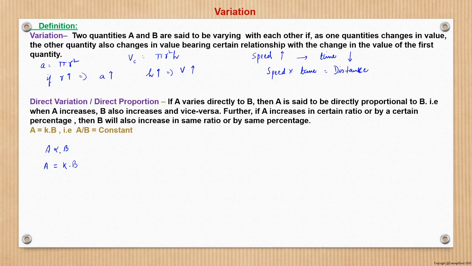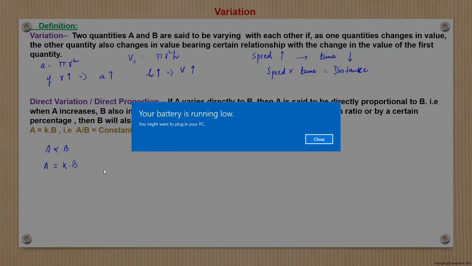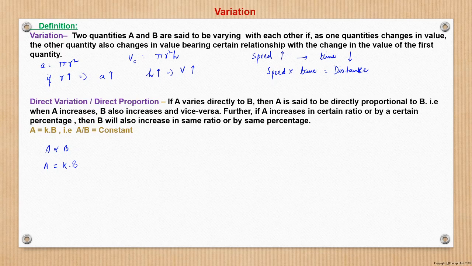If a and b vary in direct proportionality, that is, if the percentage change in a is the same as the percentage change in b, then it is known as directly proportional. To remove the variation sign, we replace it with an equality sign and put a constant k here.